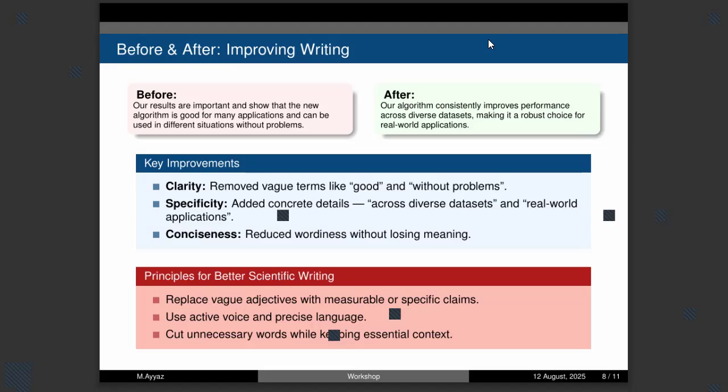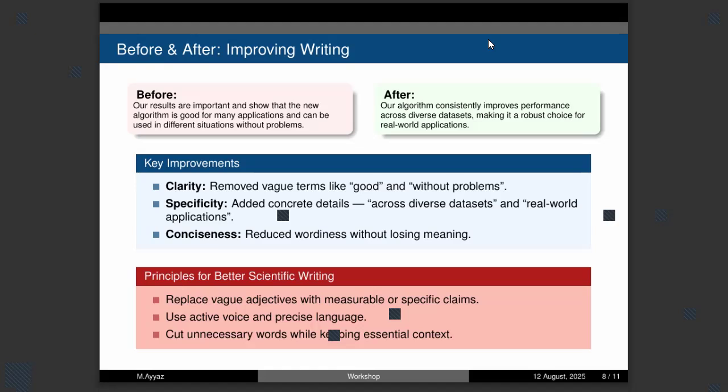So we have to remove words like "good" and "without problems" in order to improve the clarity of our sentence, and we have to specify concrete details through phrases like "across diverse datasets" and "real-world applications," because the algorithm is going to work on some kind of datasets, and we have to specify that in our sentence.